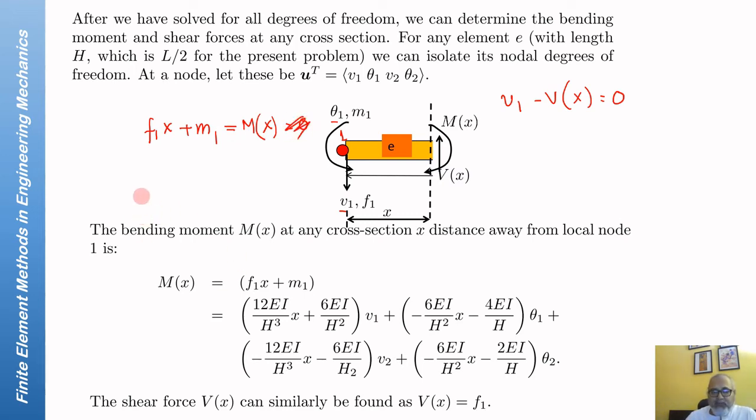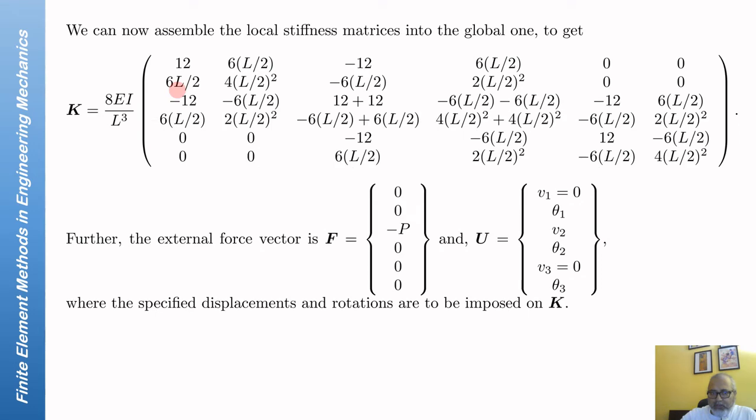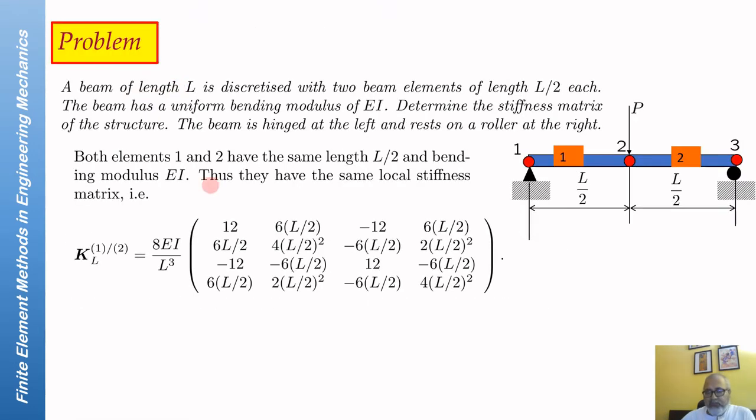And in place of F1, I can now go back to these equations and I can find F1. I can go back to the equation for element number 1. Let's say if E is equal to 1, I go back to this equation and then I have U1 which is known now, V1 which is known now, theta 1 which is known now, V2, theta 2, all these are known.